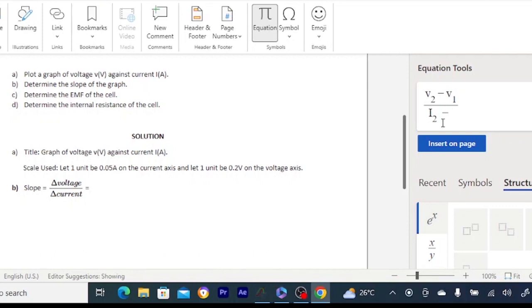So I have V2 minus V1 all over I2 minus I1.